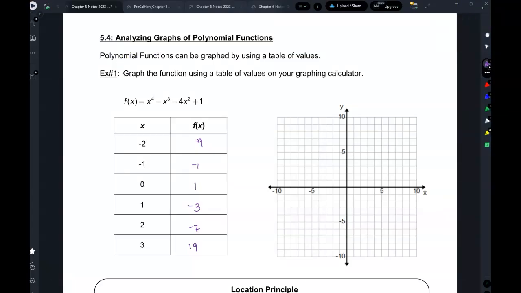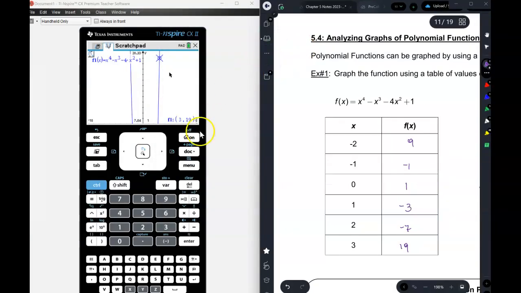Okay, let's go ahead and graph this. At -2, we're at 9. At -1, we're at -1. At 0, we're at 1. At 1, -3. At 2, -7. And okay, I'm not going to graph the 19, but I am going to show how that graph moves up, right?